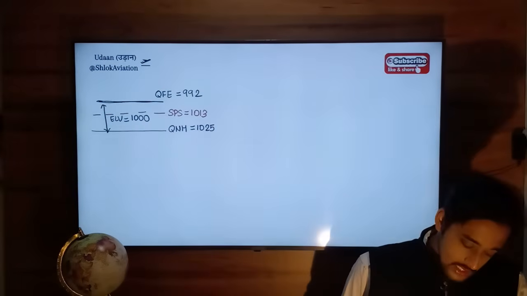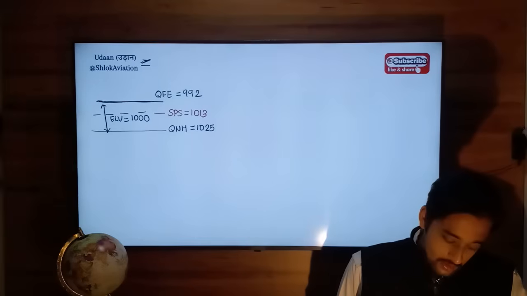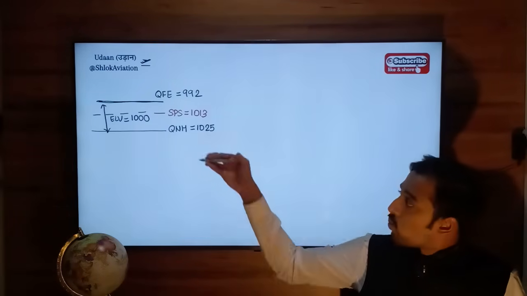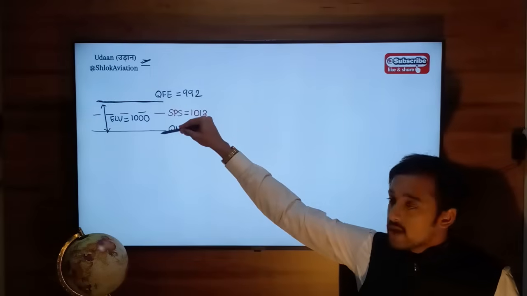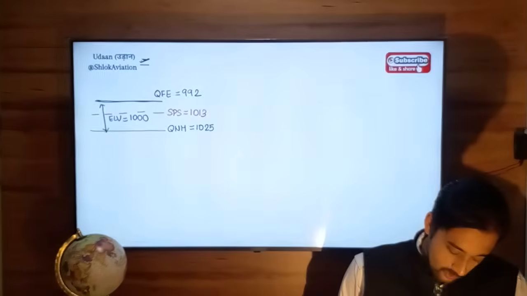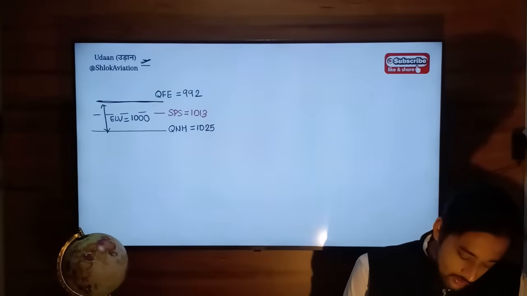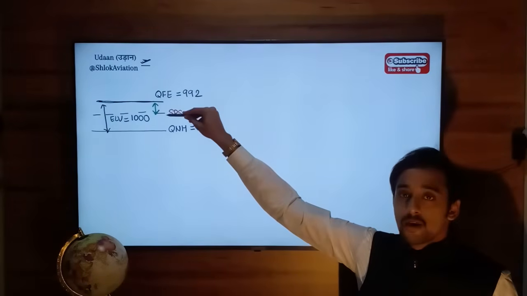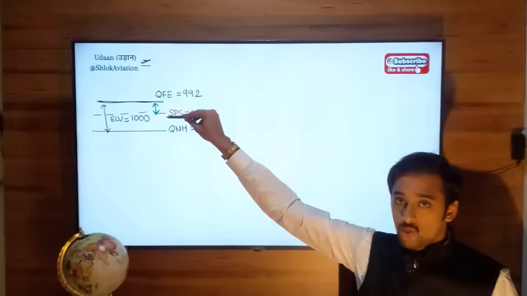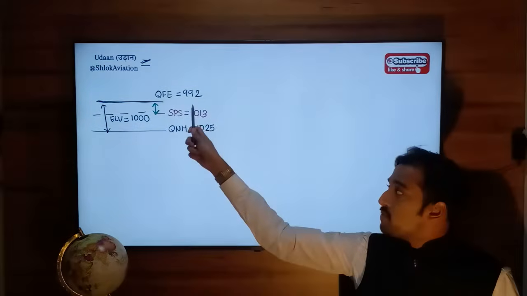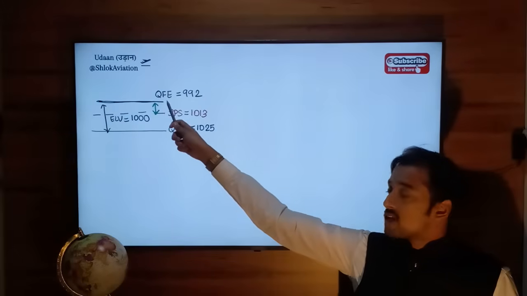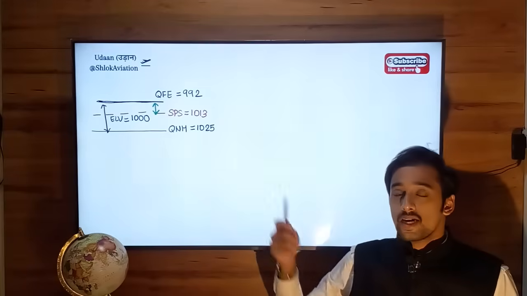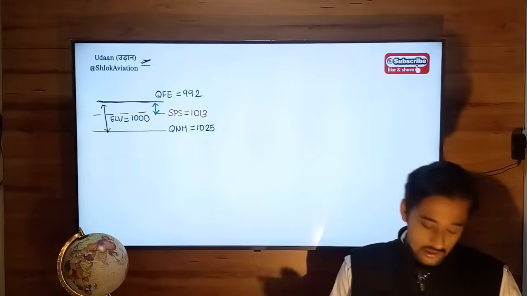We know the total elevation is 1000 from here to here, and we are told to find pressure altitude, which is from the QFE datum to the standard pressure setting datum. Now when we know the two pressure values of the two pressure levels, we can calculate the difference between them and convert that difference into corresponding altitude.